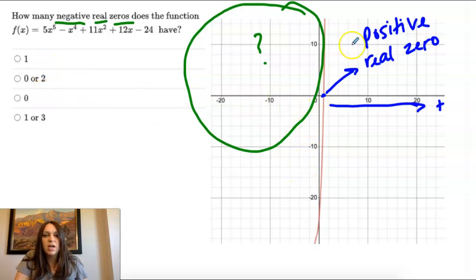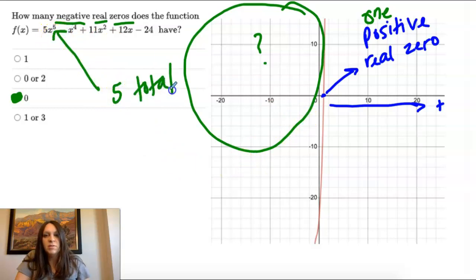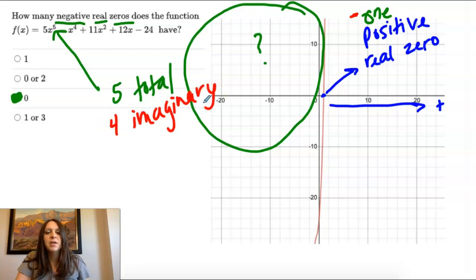So this function has one positive real zero, 0 negative real zeros, but our total amount of zeros is 5. So if I have 1 positive and 0 negative real zeros, that means I must have 4 imaginary. And I know this question isn't asking that, but we'll get to some that do. Because we're looking at x-intercepts, okay?